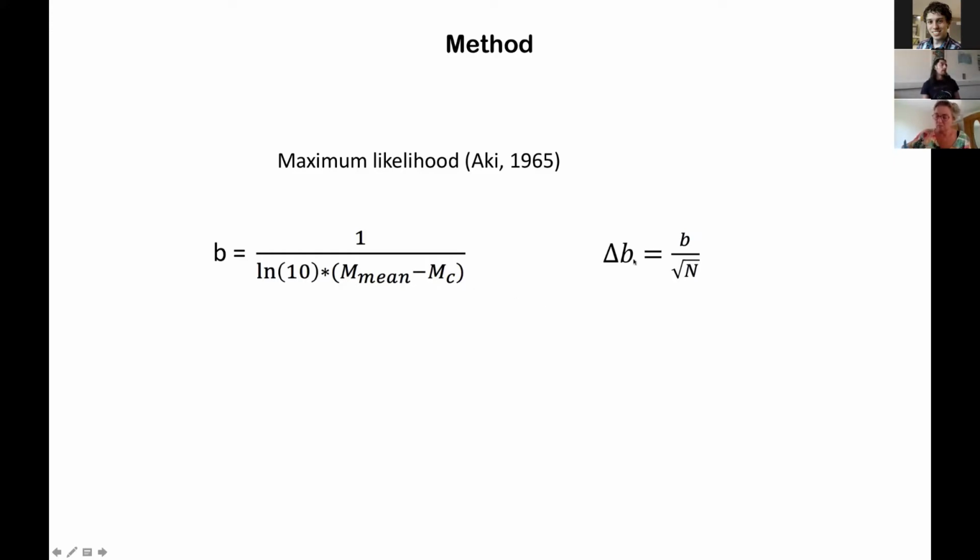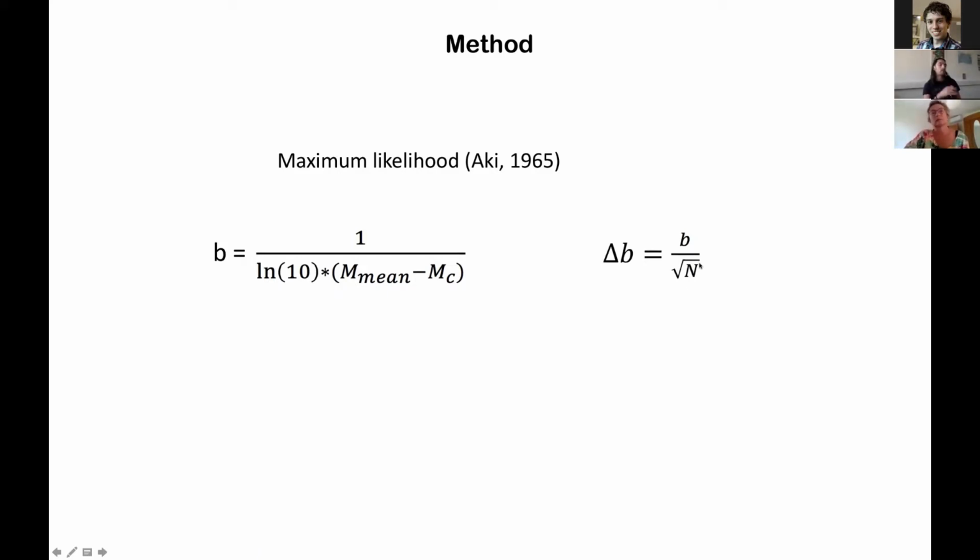The uncertainty related to this b-value is given by b over the square root of the number of earthquakes, the number of data points that we use for any given subset where we are calculating the b-value.